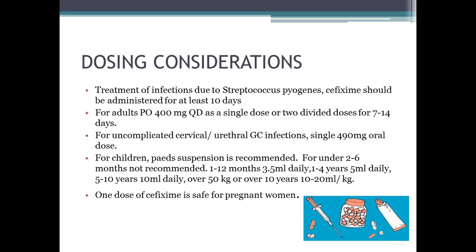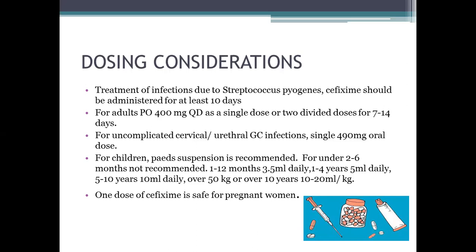And for children, suspension is very safe and easy to take, and it is recommended in different doses for different age groups. Under 6 months, it is not recommended at all. For 6 to 12 months, it is given in 3.5 ml daily, and for 1 year to 4 years, it is given in 5 ml daily, and 5 to 10 years, it is given in 10 ml daily.